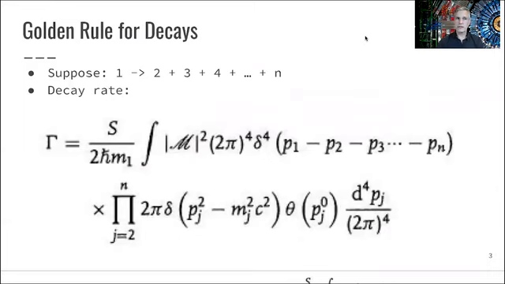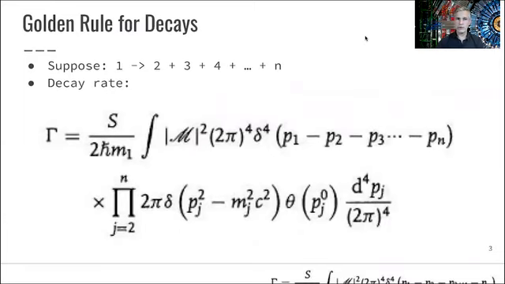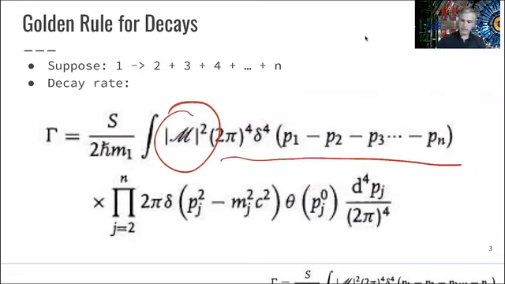If you look at the golden rule for decays, here we suppose having one particle decaying into a second, third, fourth, nth particle. You see that the decay rate is given by the matrix element, the amplitude squared, and a term which is the phase space factor.